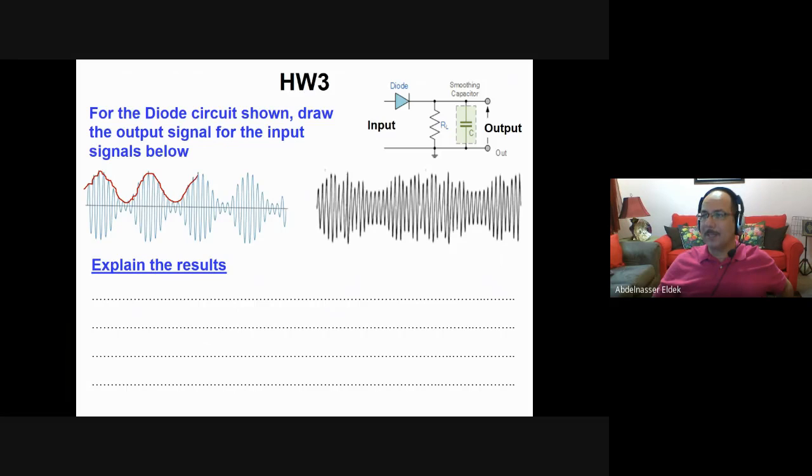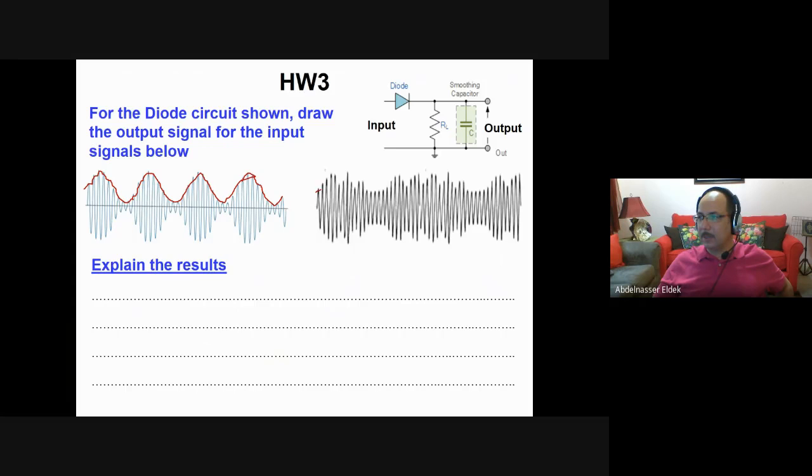It will not be exactly the same as the original one, of course, but it will be close to it. You will not feel the difference. You may feel some noise, of course, depending on the accuracy of this circuit and the frequency of the carrier. Same for this one also.